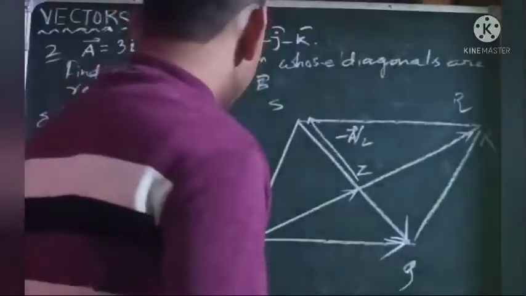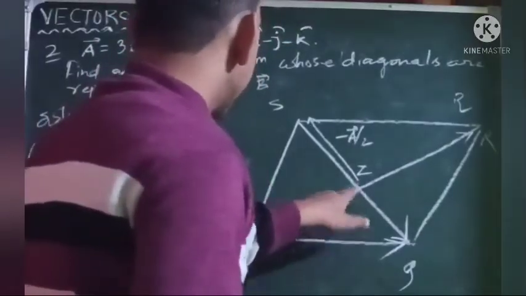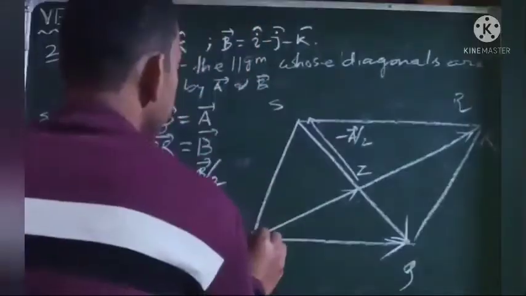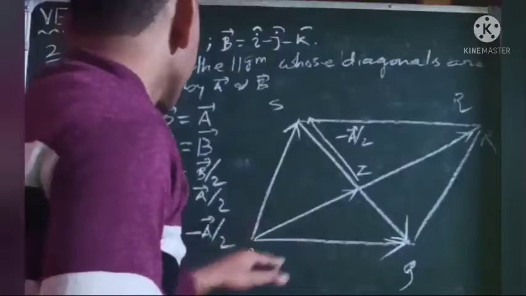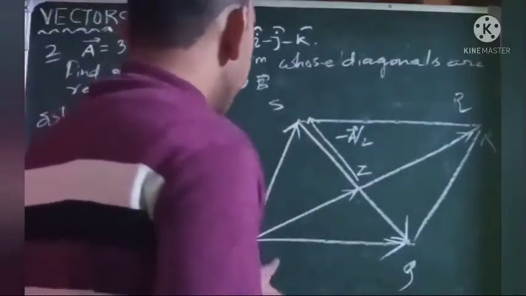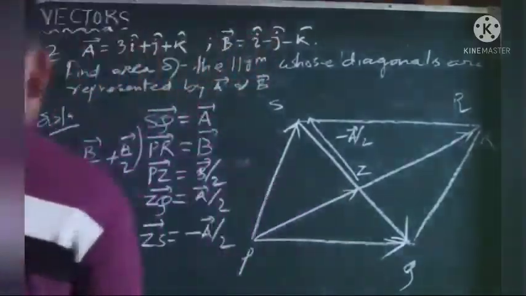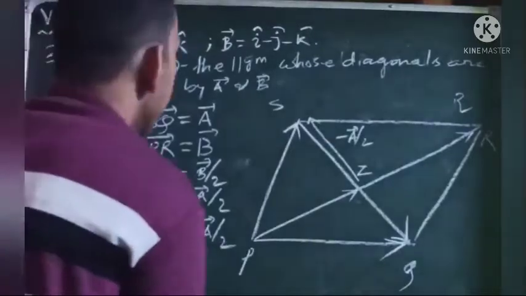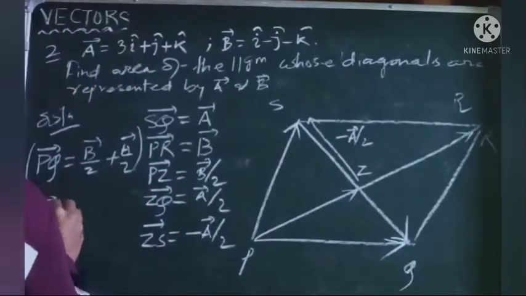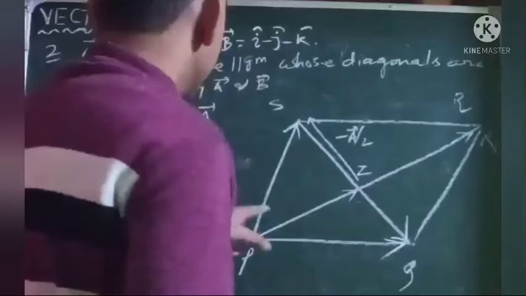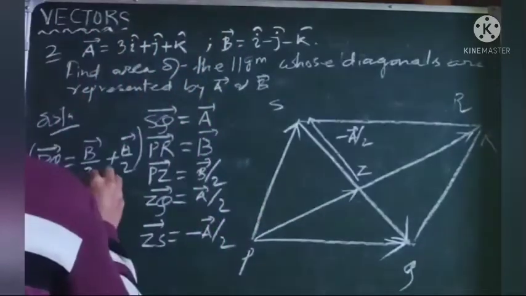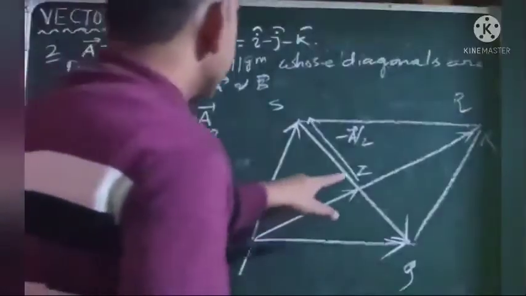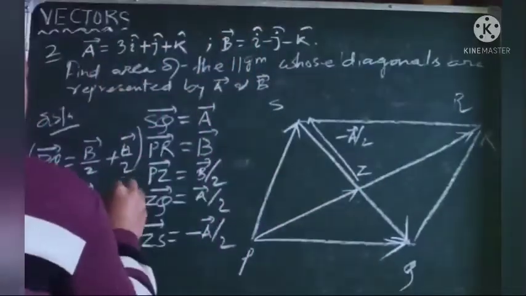Now, by triangle law of addition, PZ vector plus ZS vector is going to be PS vector. Therefore, we can write PS vector is equal to PZ vector, which is b vector upon 2, plus minus a vector upon 2.